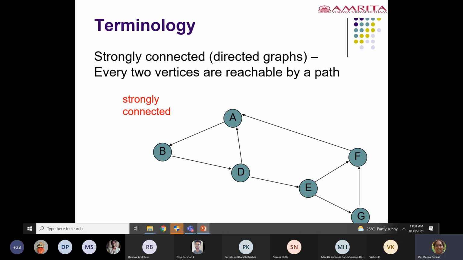Then you can consider any design, any hexagon, octagon, A, B, C, D. If it's a directed graph and there is a cycle involving all nodes, then definitely it's a strongly connected graph. When you said this, a cycle wherein all the nodes are involved, that brought a picture of an octagon to my mind. Everything is connected and it's directed in a way that it is forming a cycle.